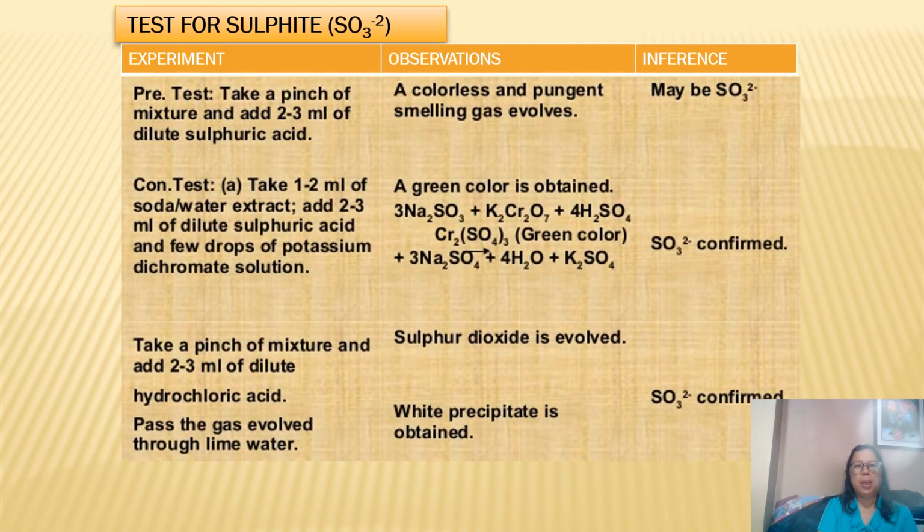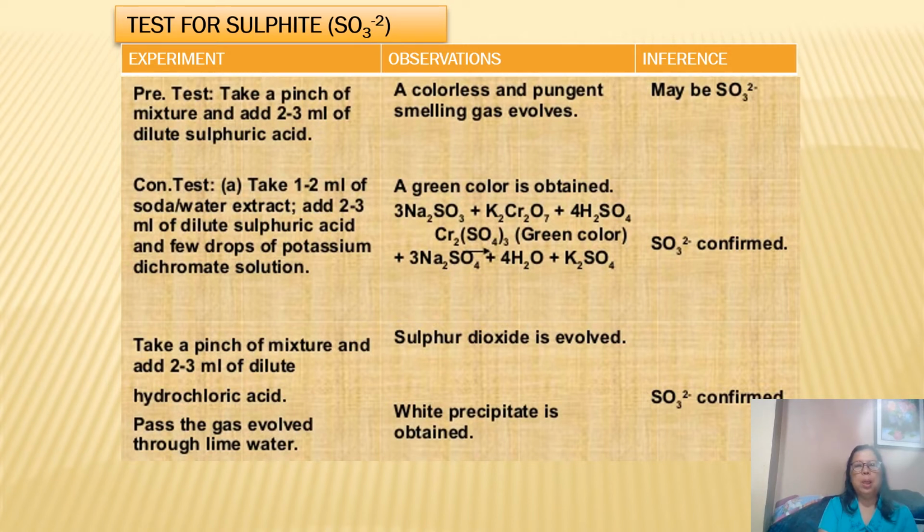And then the test for sulphide. Last time we were talking about the test for sulphide. Now we are talking about the test for sulfate. Upon the addition of sulfuric acid, if a colorless, odorous gas evolves, then you can think that sulfide is also present.